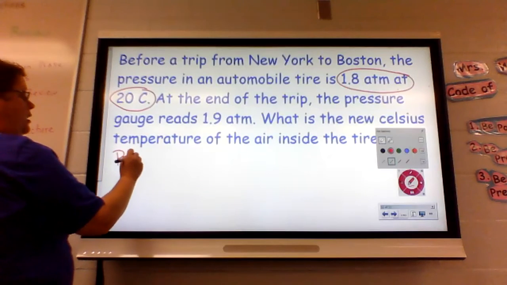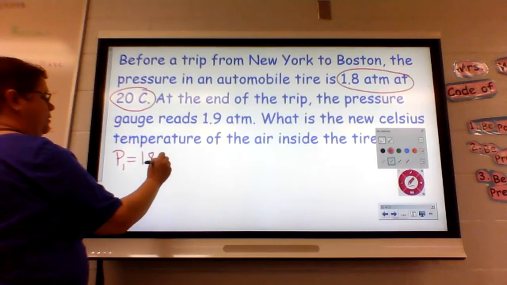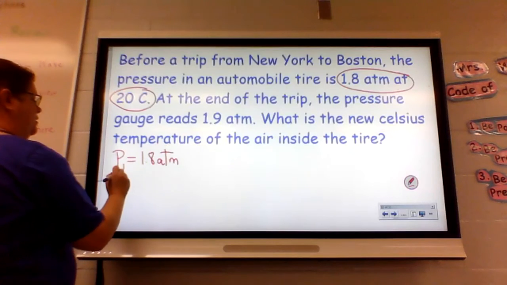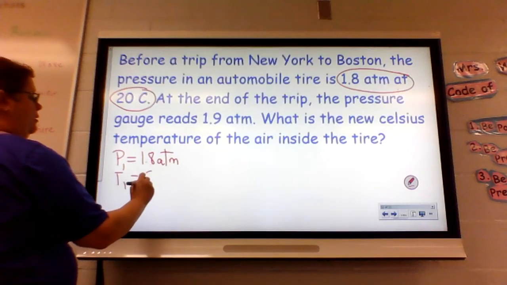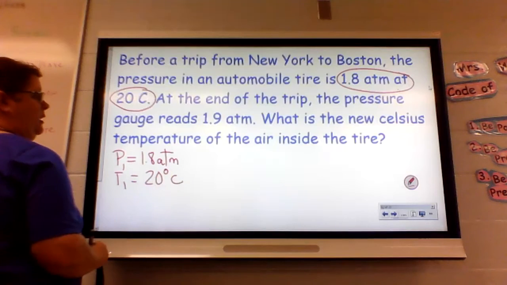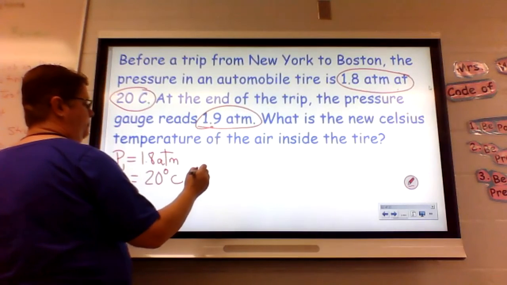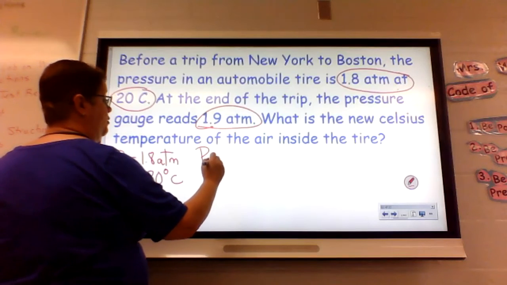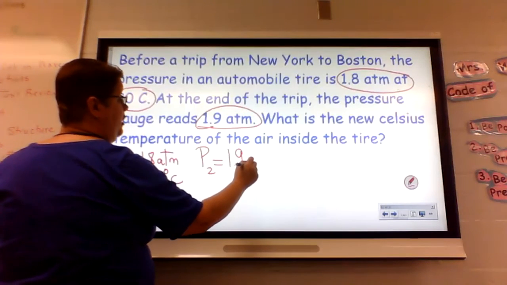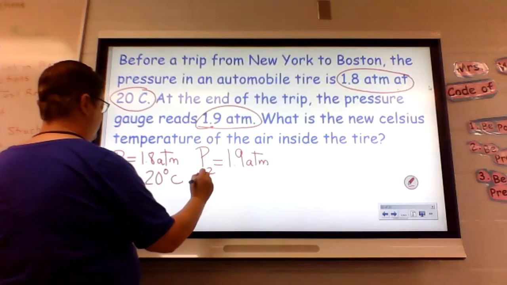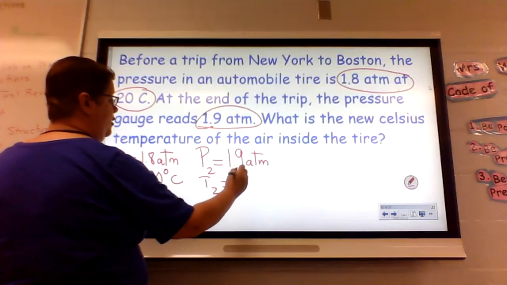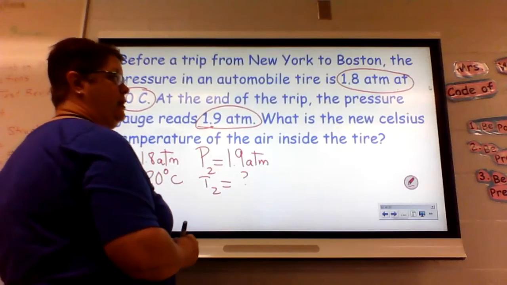So P1 is 1.8 ATMs. 20 degrees Celsius is T1. If we keep reading, we have 1.9 atmospheres again, so that's going to be P2. Everybody's okay with the fact that they match, so we're not going to need a unit change. And then T2 is what we need. Everybody's good with that?